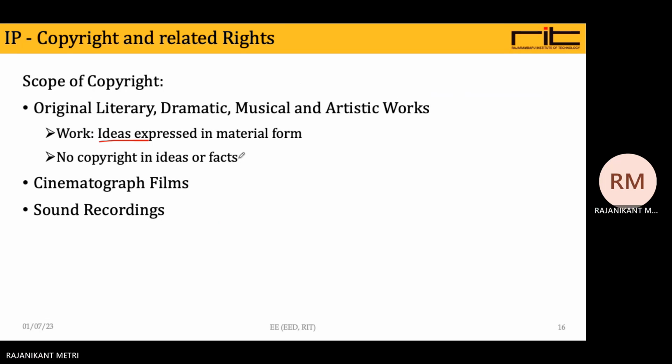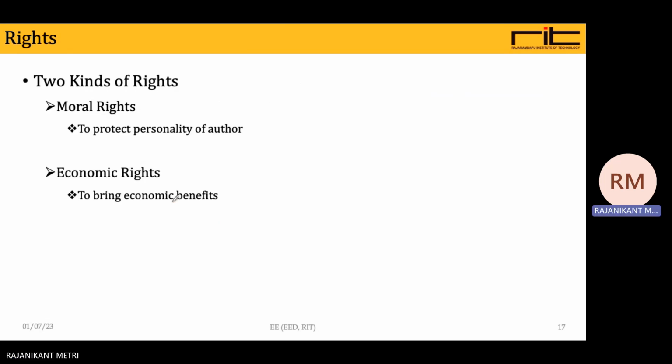So cinematographic films, sound recordings, these all come under this part. Then rights are two types. One is moral rights and another is economic rights. So in moral right, to protect the personality of the author, suppose you have written some article and you don't want someone to use your article as his.